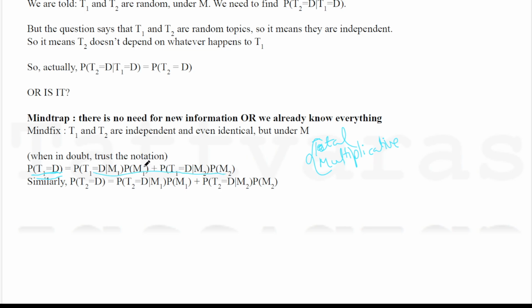For the sake of simplicity, suppose this random variable m takes two values. It's not degenerate; it doesn't take just one value. It takes two values, m1 and m2, and based on the two values it takes, we can condition the probabilities. And similarly, we find the same for this as well.